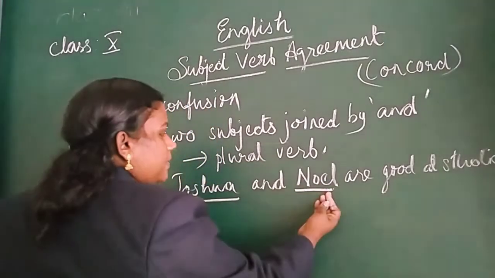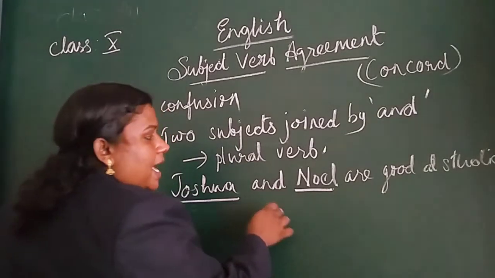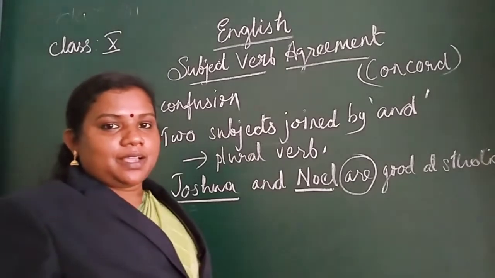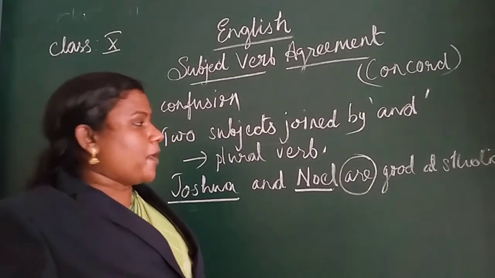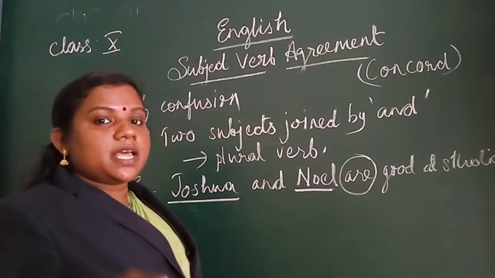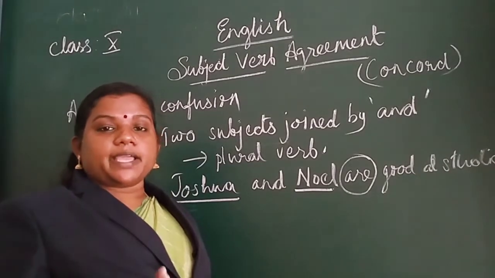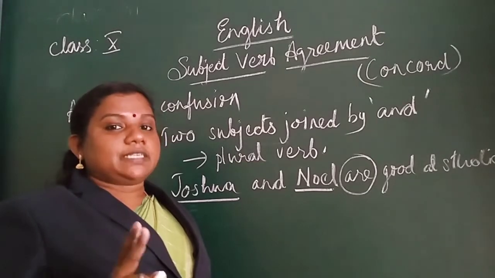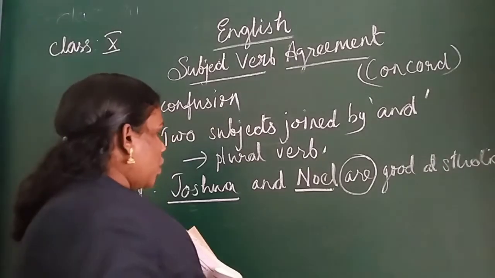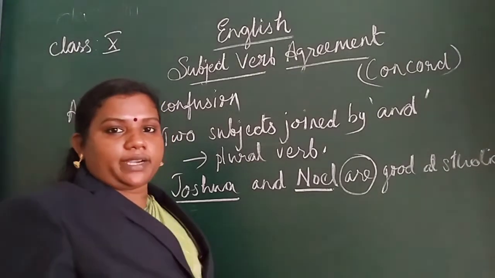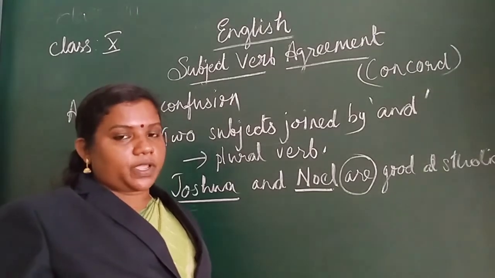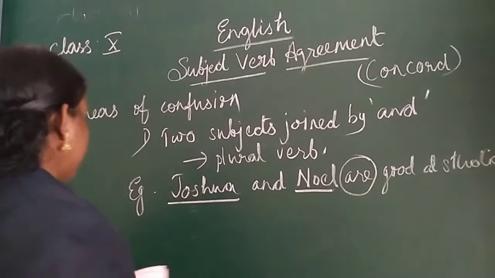So here two subjects are connected by and, and it will take a plural verb. Clear, students? So this is the first point. Joshua and Noel are good at studies. That means when two subjects are connected by and, it will take a plural verb. We are not saying Joshua and Noel is, we say Joshua and Noel are good at studies. Okay, now we are going to the next point.